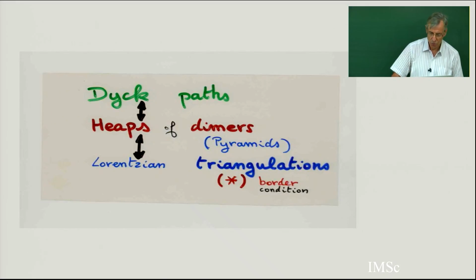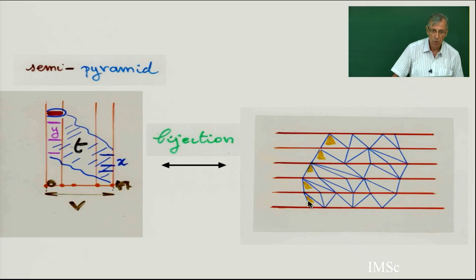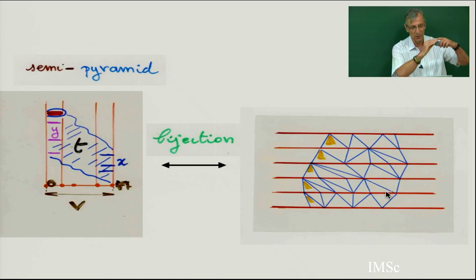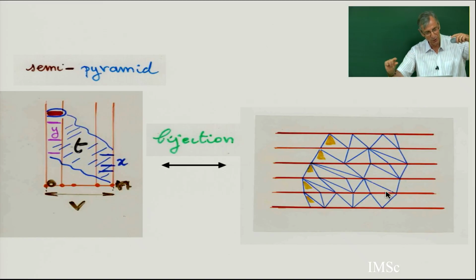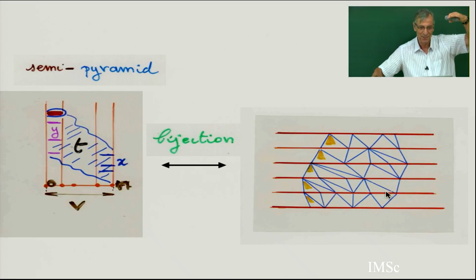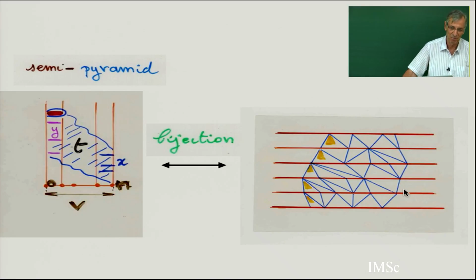And if you rotate this picture 90 degrees, you have a sequence of yellow triangles which are always looking to the right, and this is going to give you a sequence of dimers which covers the whole heap. This means it's a pyramid, in fact.